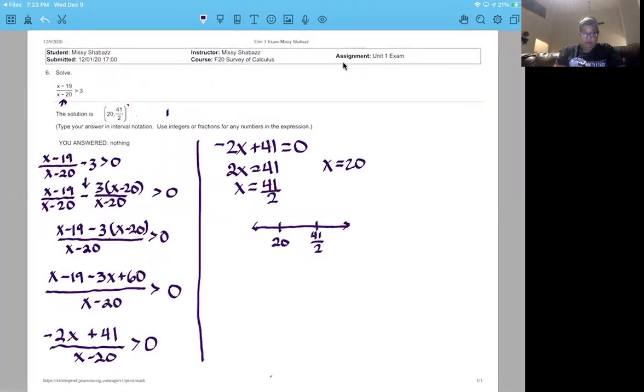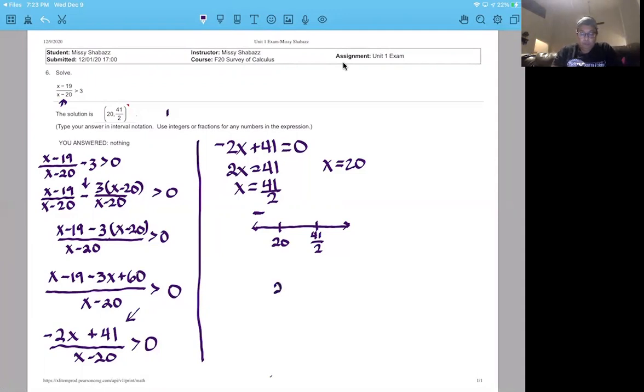Is it positive? Is it negative? If I plug something in the interval less than 20, let's plug in 0. I have 41 over negative 20, so that's something that's negative. Now, choosing a number between 20 and 41 over 2 is not very easy, because 41 over 2 is 20.5.